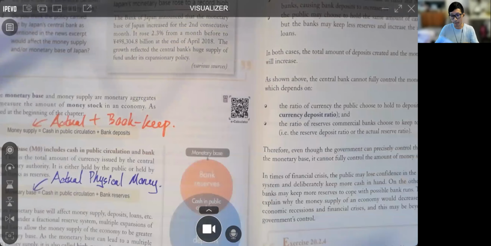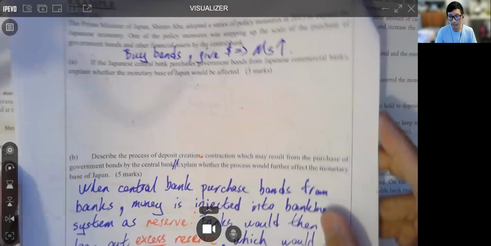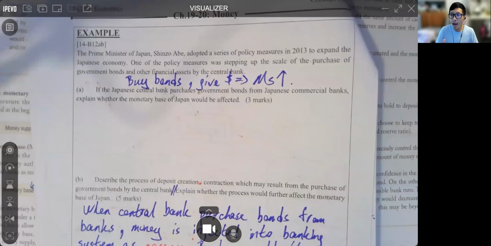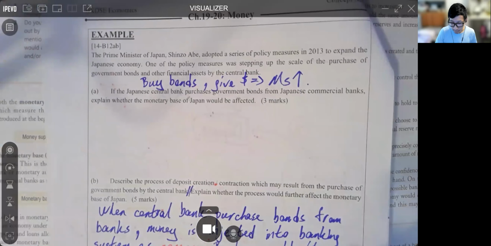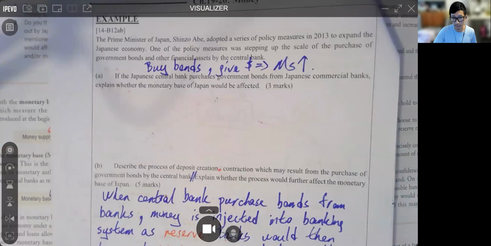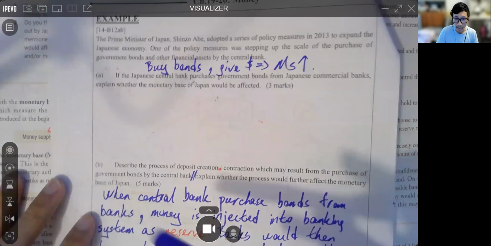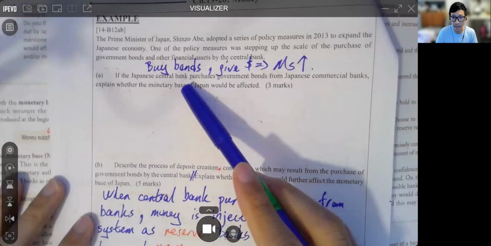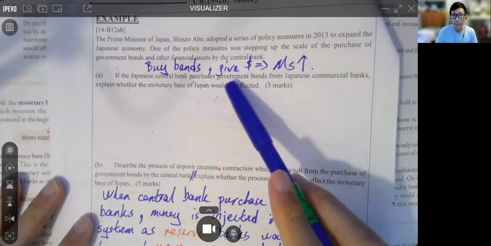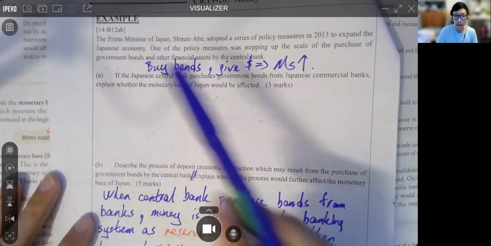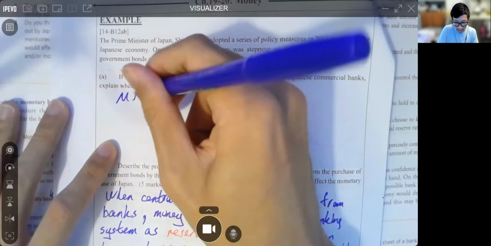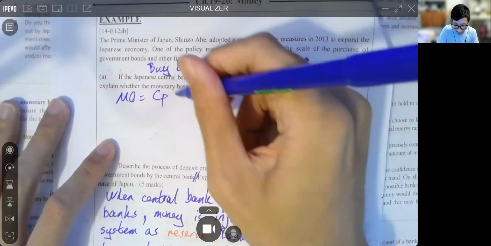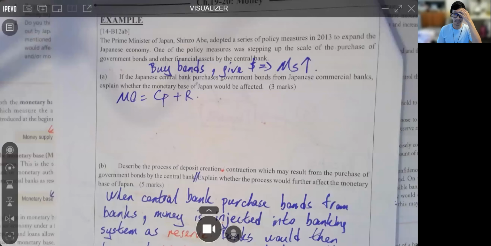With that said, let's go back to one final question on page 15 of your notes. Finally we are able to look at it. If the Japanese central bank purchases government bonds, how would monetary base be affected? Monetary base equals CP plus reserve.